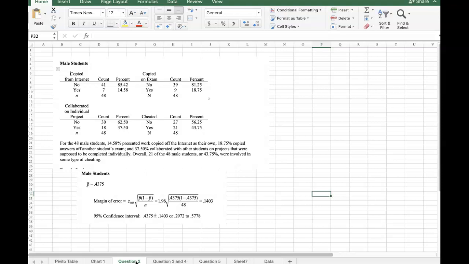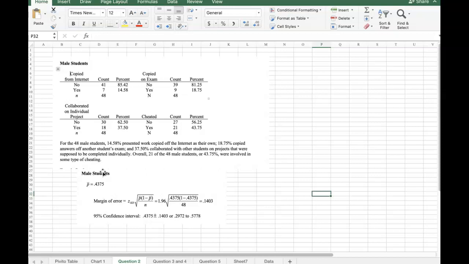And I put no, yes, count, 18, 14, 30, and 80, and this is just my male students, percentage on that, if they did or not, and I came up here with my 43.75, and so overall 21 of the 48 male students, or 43.75%, were involved in some type of cheating.